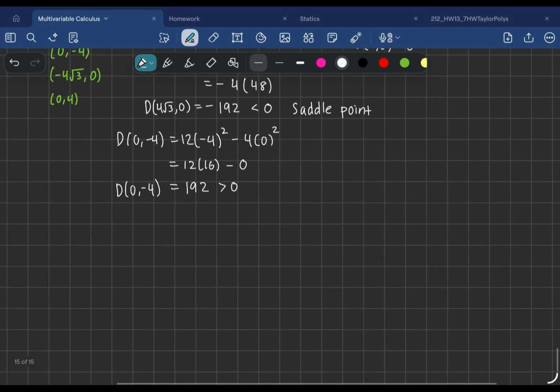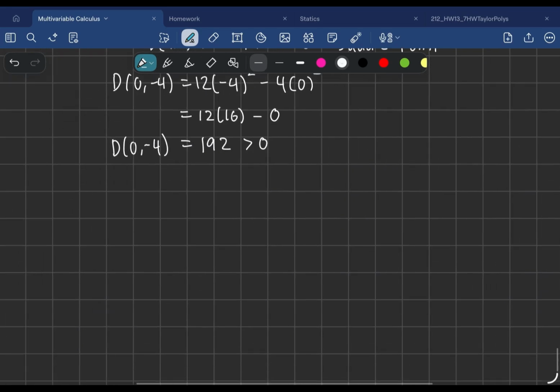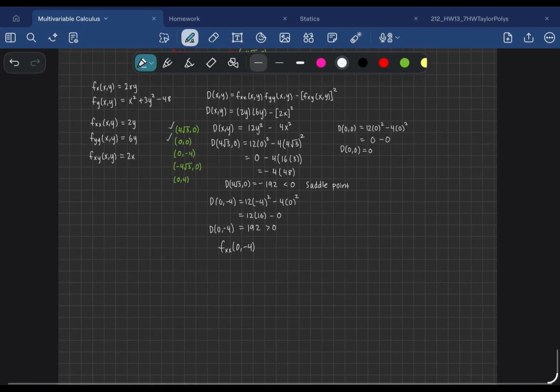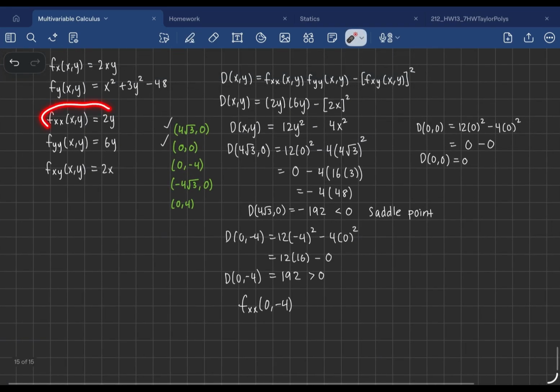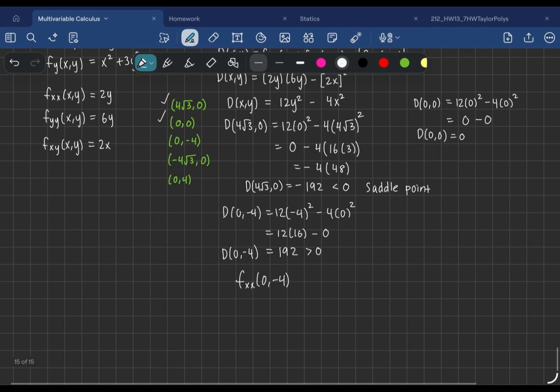And now in order to test that, we have to test f sub xx at 0, negative 4. So remember our f sub xx formula is right here. So let's test that. It's going to be 2 times negative 4, which is negative 8.